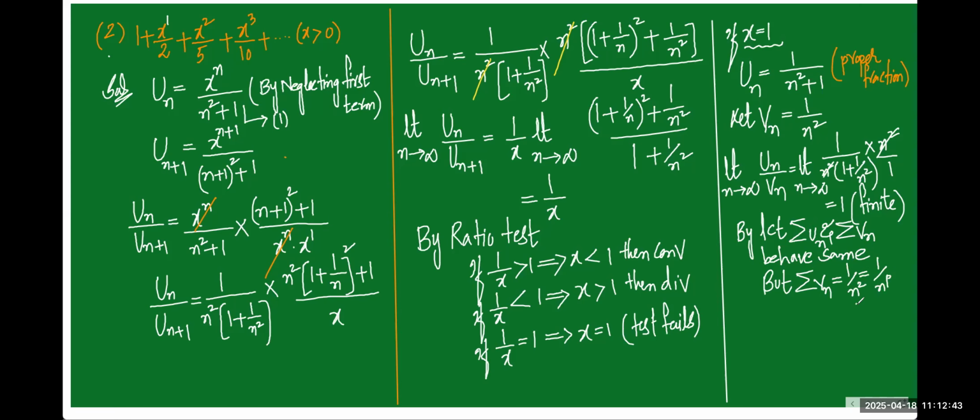So p value is 2 greater than 1. So by p test, summation vn converges, which means that summation un also converges.